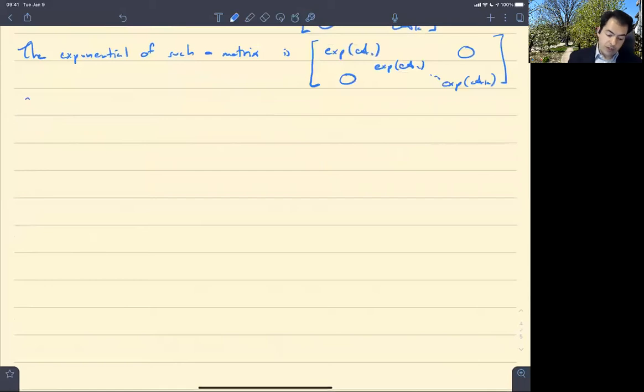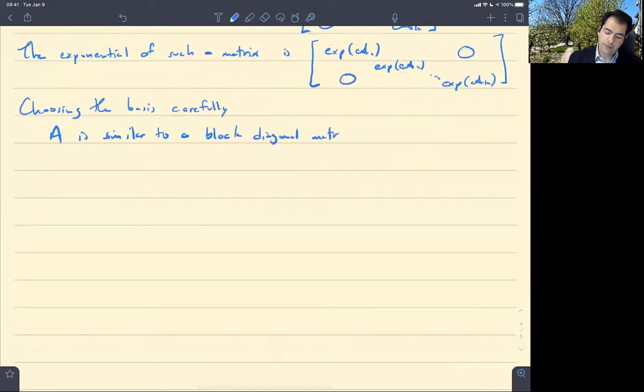Right, now choosing the basis carefully, A is similar to a block diagonal matrix involving only Jordan blocks. Right, remember we have notation J lambda m.